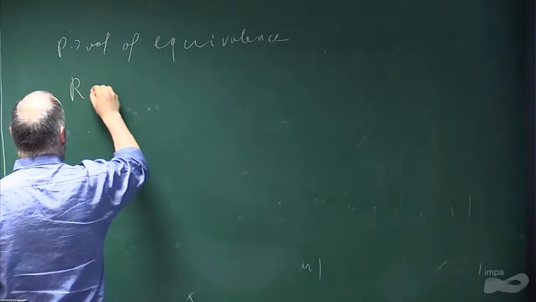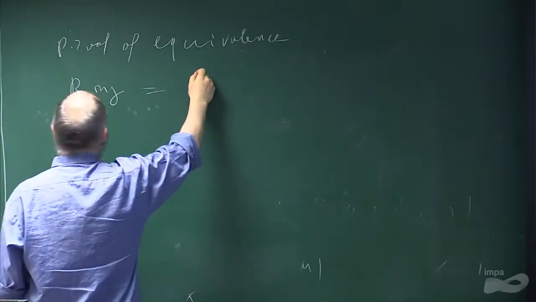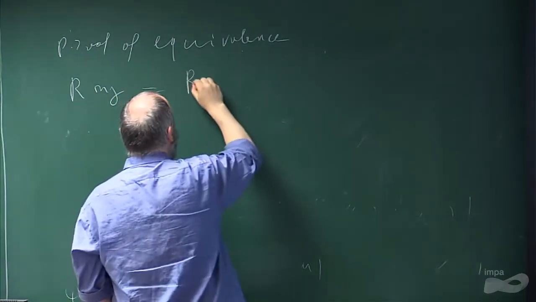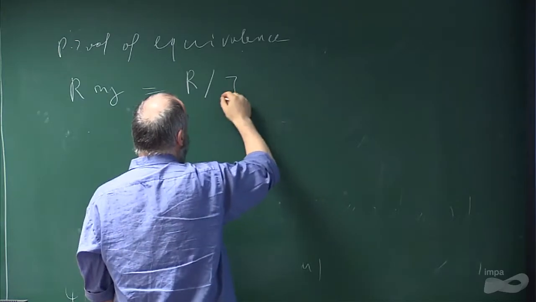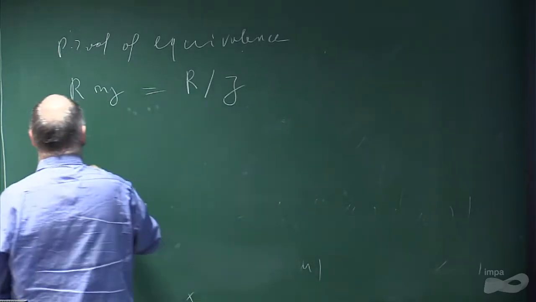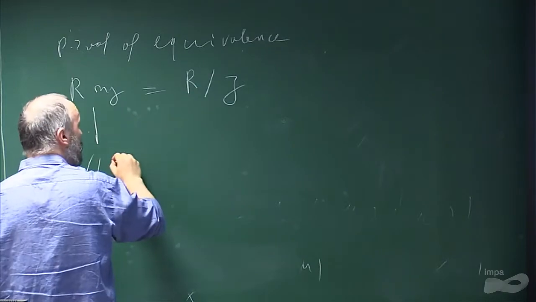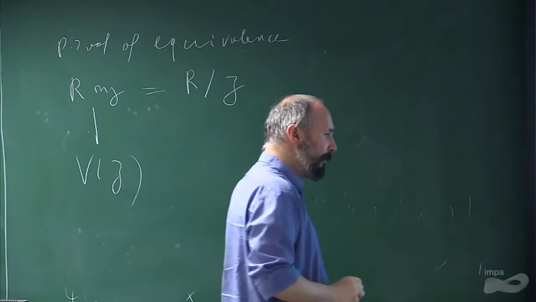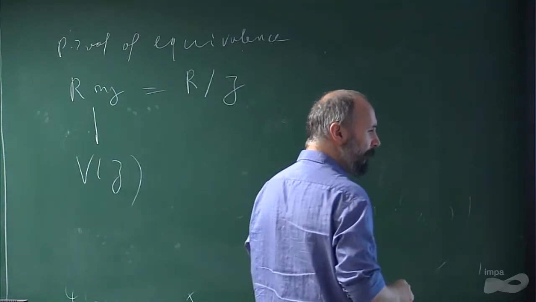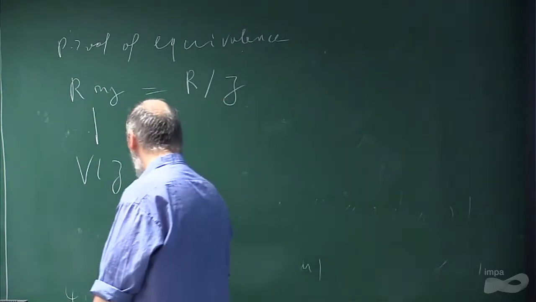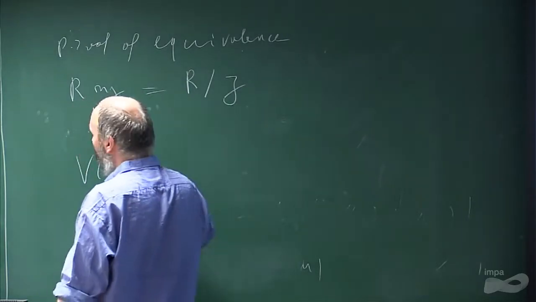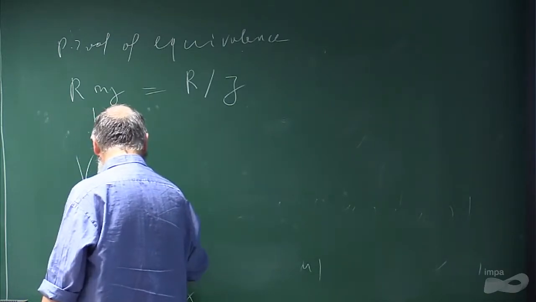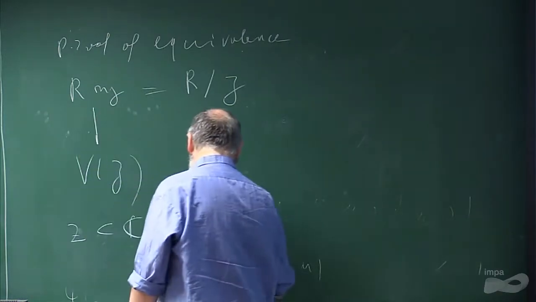So you have a ring, which by definition is polynomials R by J. This J has common zeros, so it goes to V of J. The opposite direction is given by: you have Z inside Cn, and you map it to its annihilator.